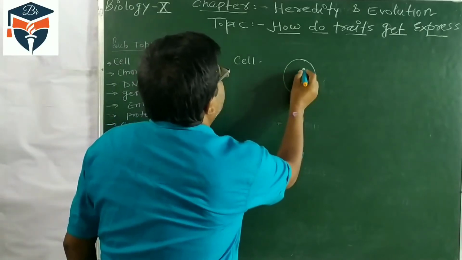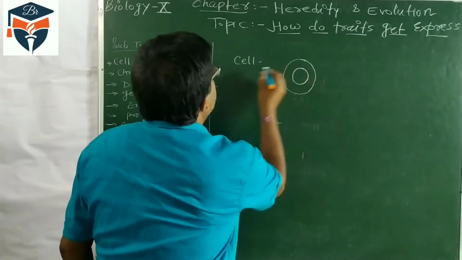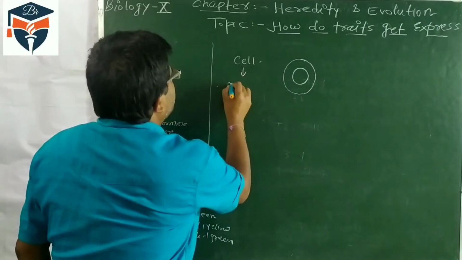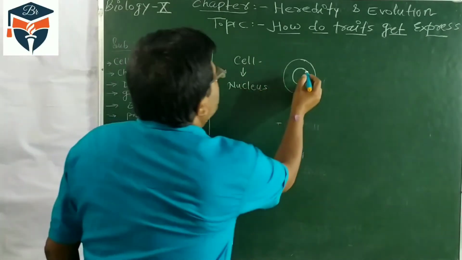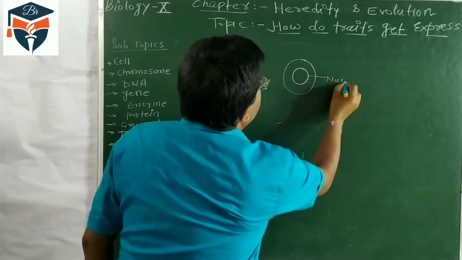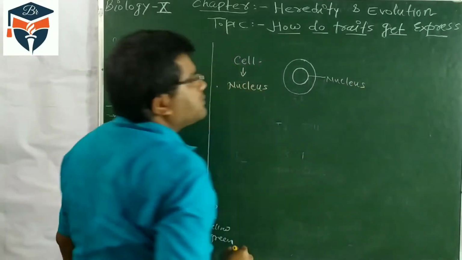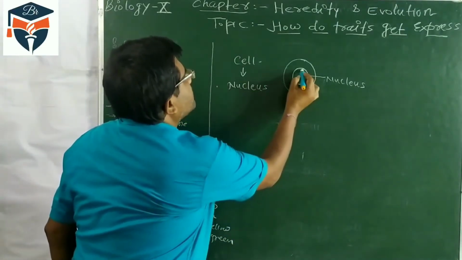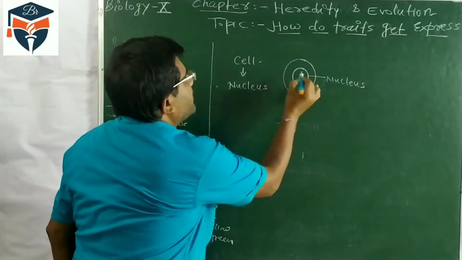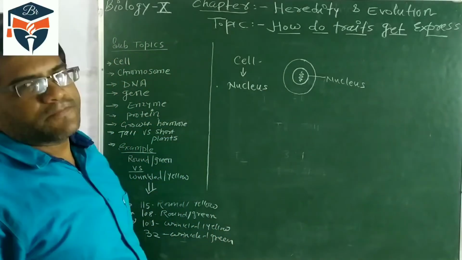Inside the cell, there is a nucleus. This is the controller of the cell. Inside the nucleus, a thread-like structure occurs.